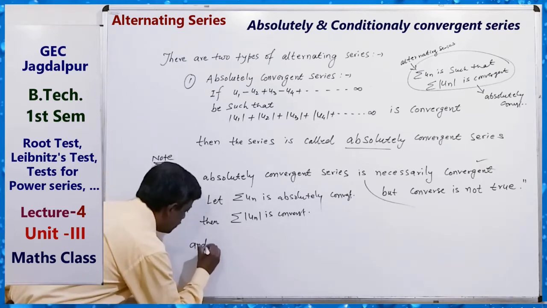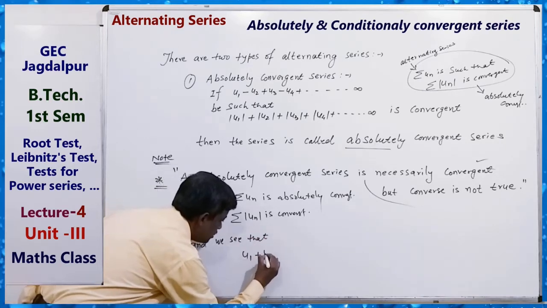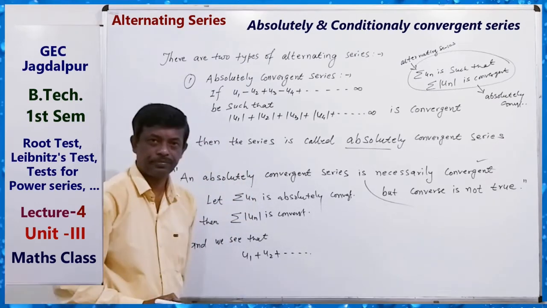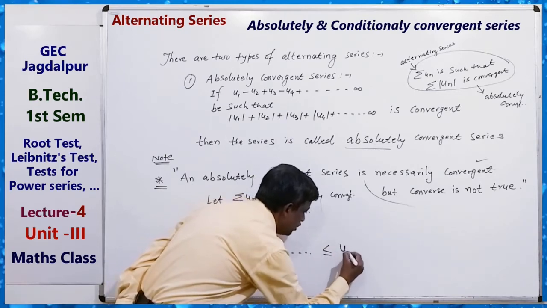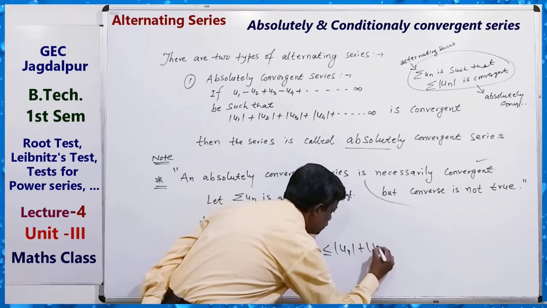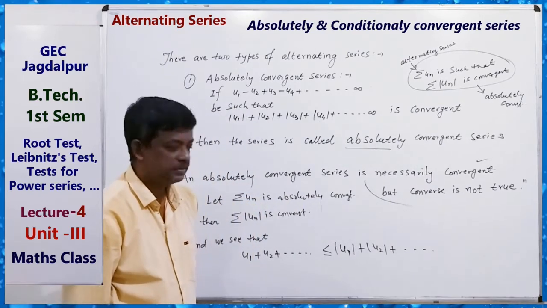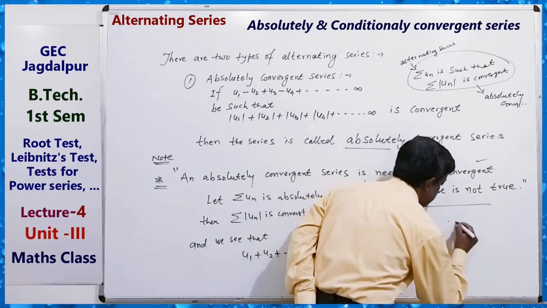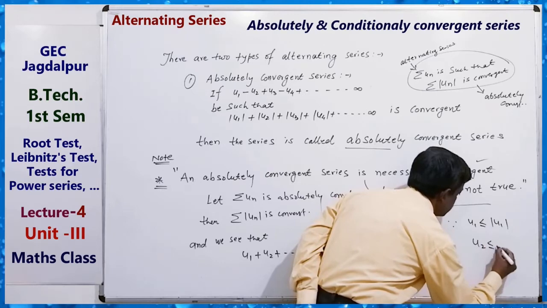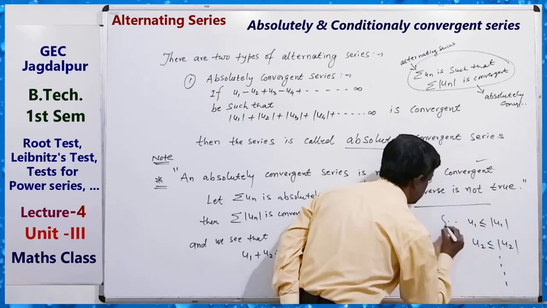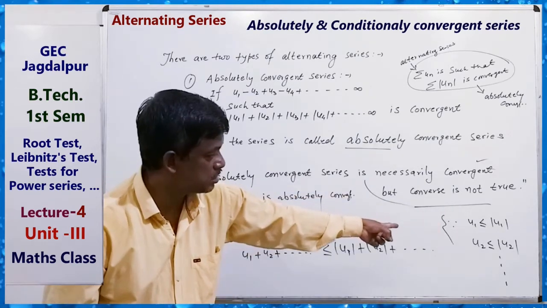And we see that u1 plus u2 plus and so on is less than or equal to mod u1 plus mod u2 plus and so on, since u1 is less than or equal to mod u1, u2 is less than or equal to mod u2.